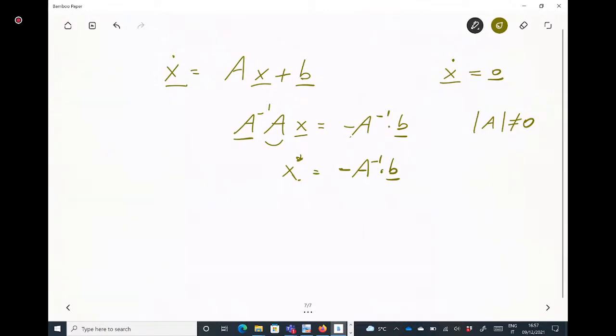This is the general formula for the steady state solution. I want you to see this formula, but in practice, since we will deal with two-dimensional systems, it will also be easy to find the steady state by just substitution or Cramer's rule. But remember that there is a general formula for the steady state of a linear system, okay?